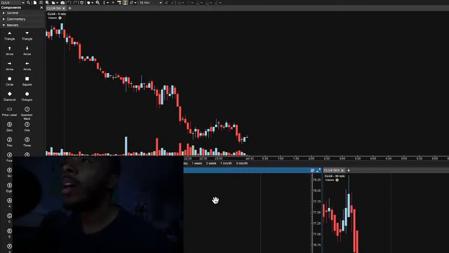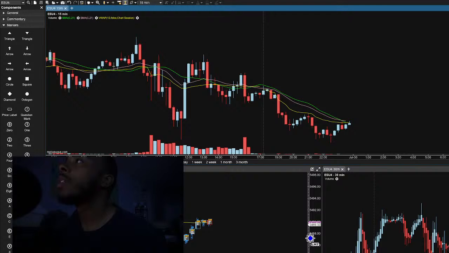So I usually don't trade oil, but I like to keep it on here because I feel like someday I'm going to get it right. But if you could see, oh my gosh, look at this huge downtrend from here all the way down to here. You would have made bank if you had got in on that. Like, jeez. But yeah, it's alright.